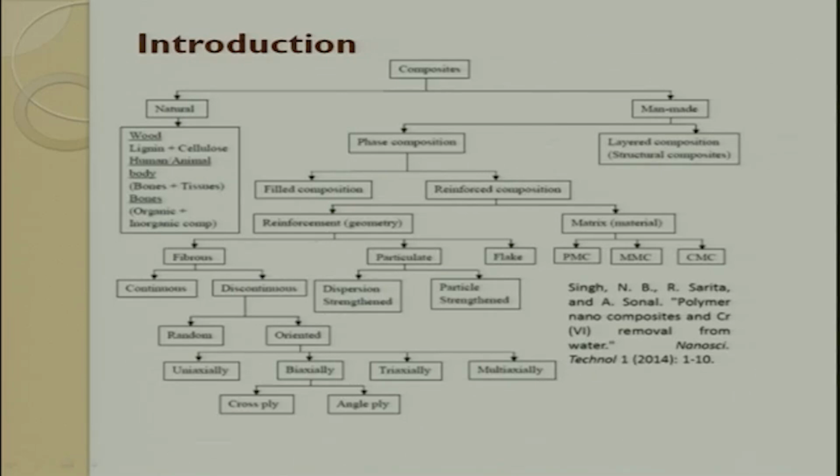When you talk about reinforcement, you have fibrous reinforcement, particulate reinforcement, and flakes. Okay, when I talk about fibrous, they are continuous or discontinuous fibers, and when I talk about particulates, it is dispersion strengthening or particulate strengthening. So, there are two types of mechanisms which are used for the particulate type. When it comes to discontinuous, I talk about random and I talk about oriented.